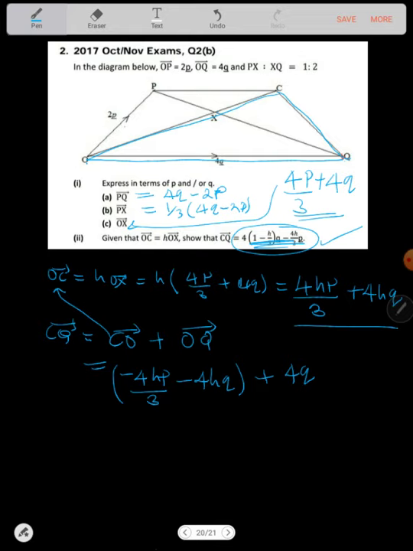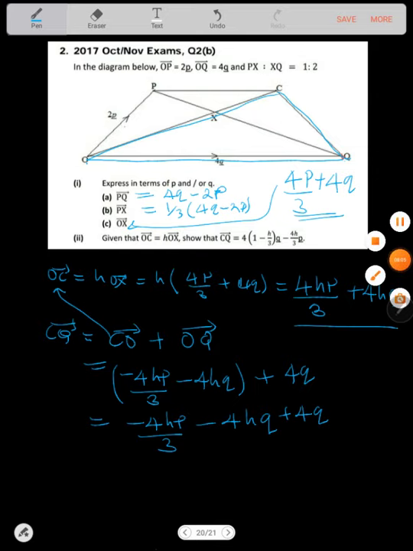Then we can now start solving. What is common? We have negative 4HP over 3, and then negative 4HQ plus 4Q. All we need is to factorize this side, because when you look at this part here, it's what we have in the answer.